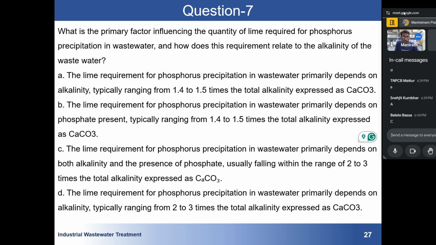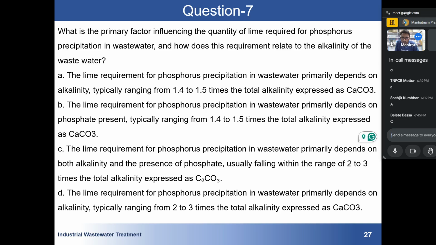Anyone? C. We got one answer, that is C. The lime requirement is dependent on both alkalinity and presence of phosphorus, usually 2 to 3 times the total alkalinity expressed as CaCO3.